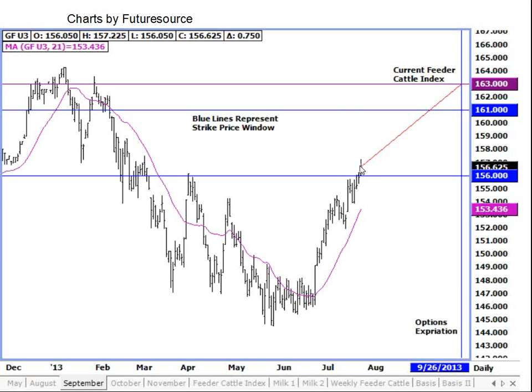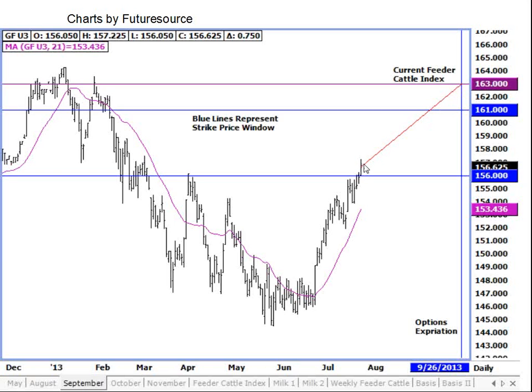If you were to have sold a futures contract today, then your price is $156.62, and if we go to 163, your loss would be approximately $6.38. So what we're doing is creating a window, and those would be realized losses all the way up there.